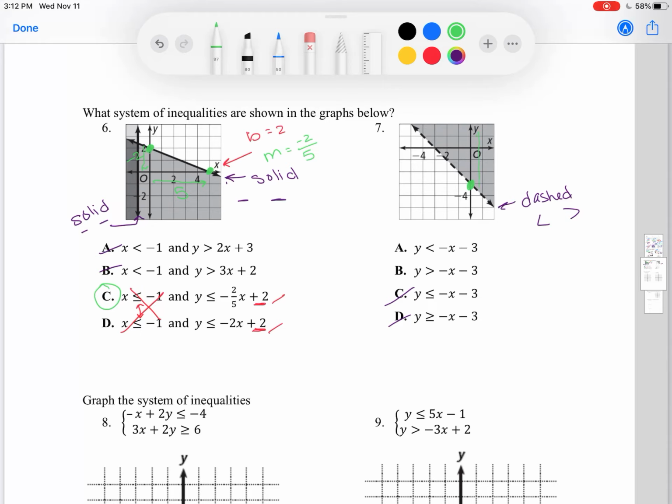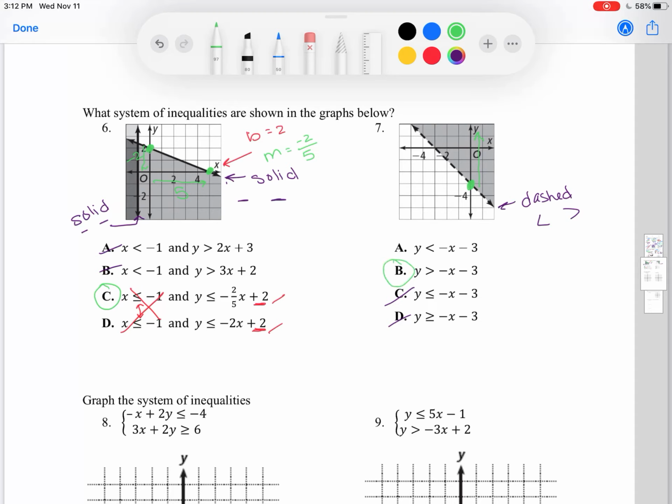So that's where we want to look at the shading. Alright? Take a look at this y value on the y-axis on this line. It's at -3. Well, when I compare this value to everything that's shaded, is it everything shaded greater than -3, or everything shaded that's less than -3?